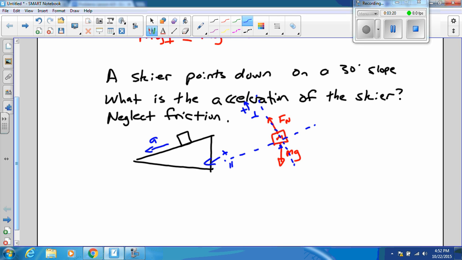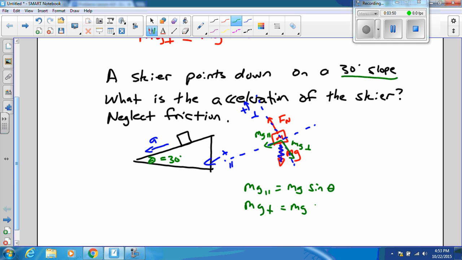So having done all of that, we now take our mg and break it into components. This component will be mg parallel, and this component is going to be mg perpendicular. And mg parallel is always mg times the sine of the angle of inclination, which is this angle right here, which is our 30-degree slope.